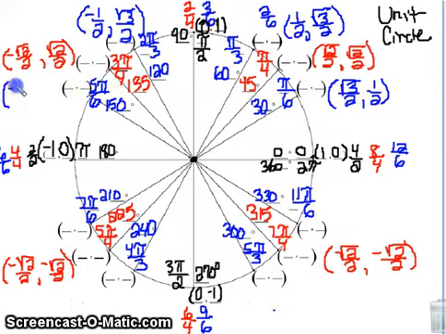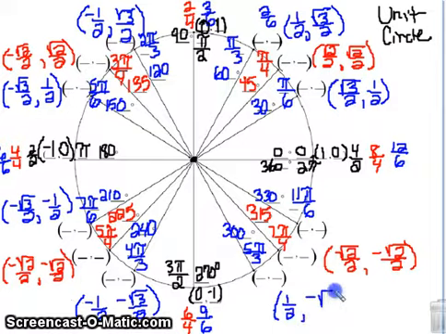This one, 4 pi over 3, is going to be negative 1/2, negative square root of 3 over 2. Over here we have positive 1/2, but negative square root of 3 over 2, and positive square root of 3 over 2 and negative 1/2.